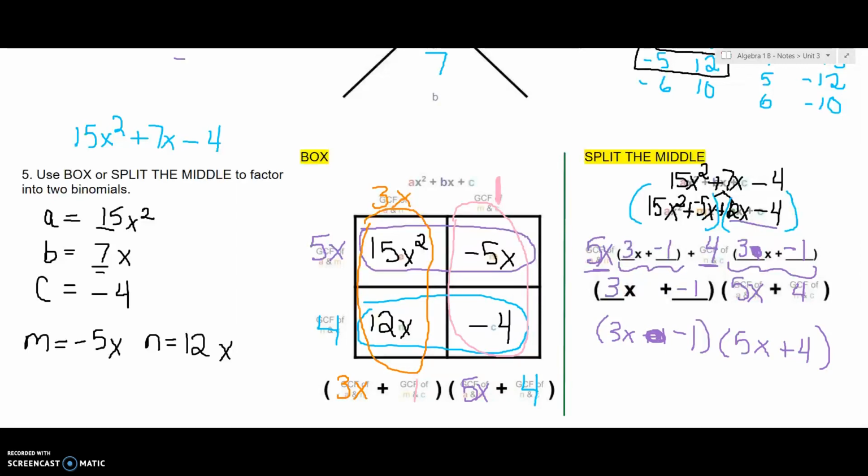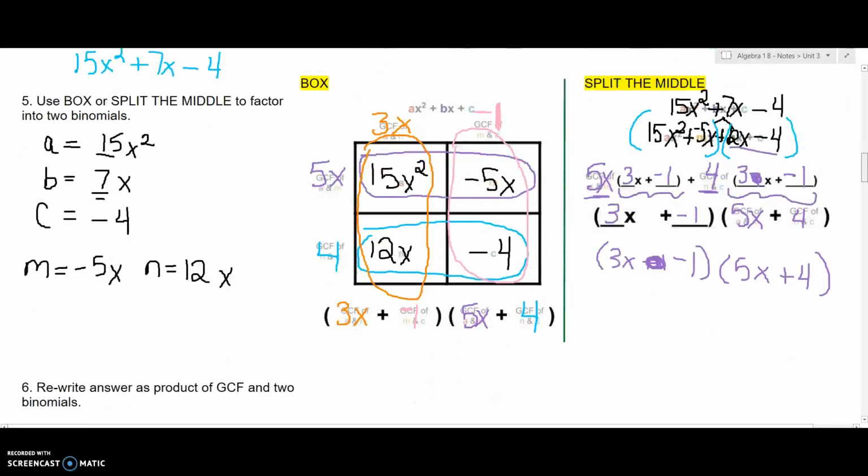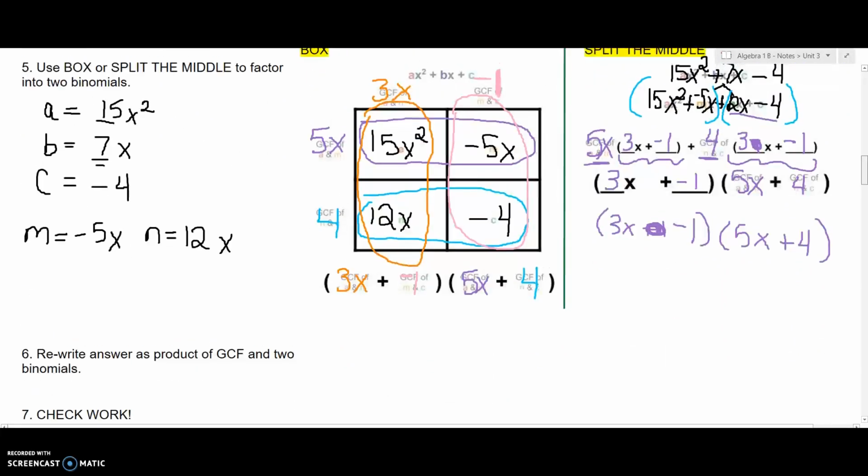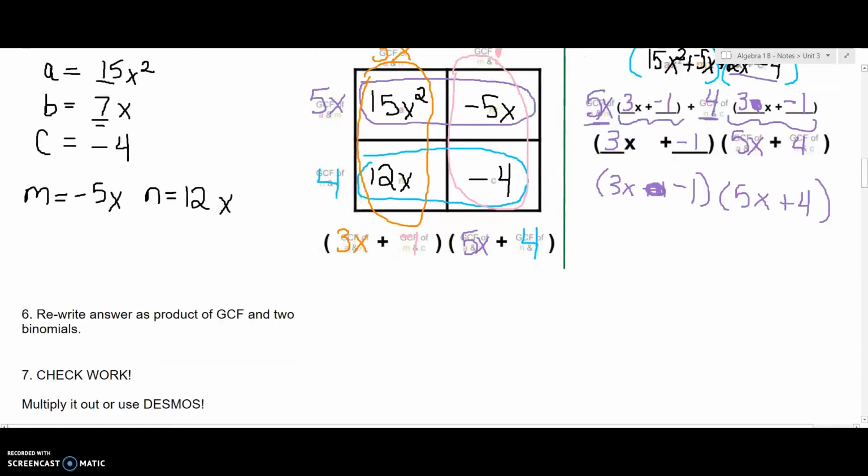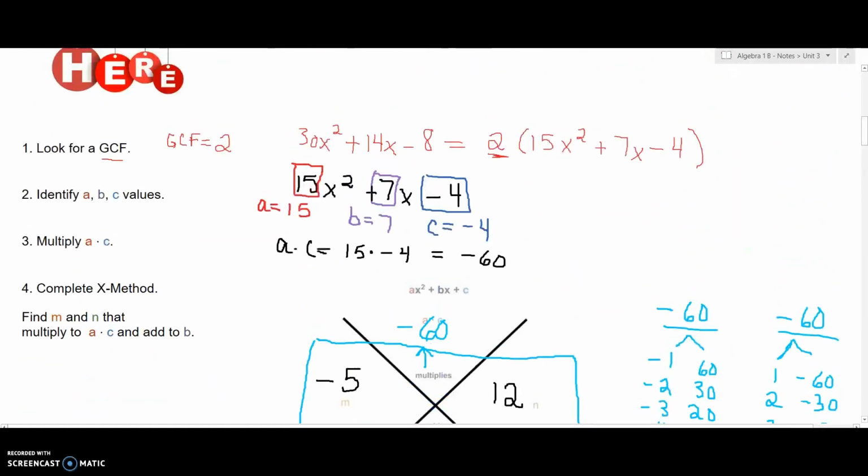And in fact, I'm going to correct this over here. I should have taken out a negative 1 there. Now, are we finished yet? We are not. We have to write this in final form. So we have to rewrite our answer as the product of our GCF. So we remember up here that our original GCF was 2.